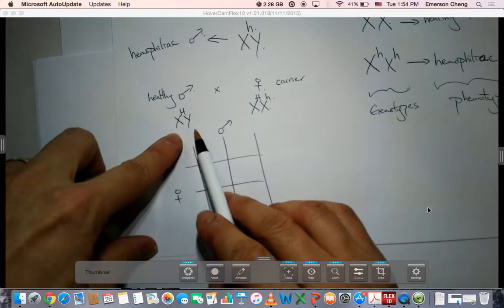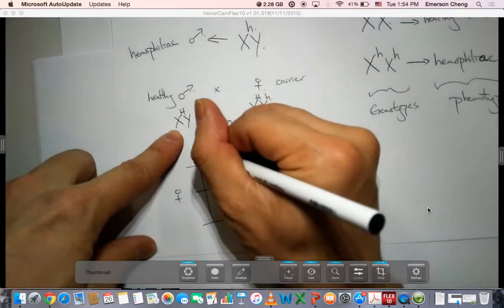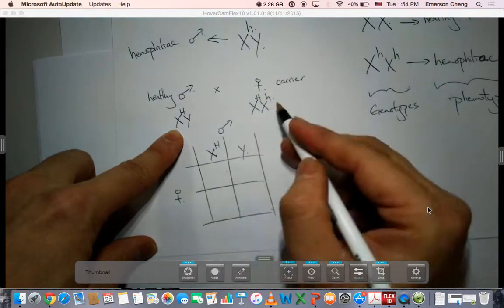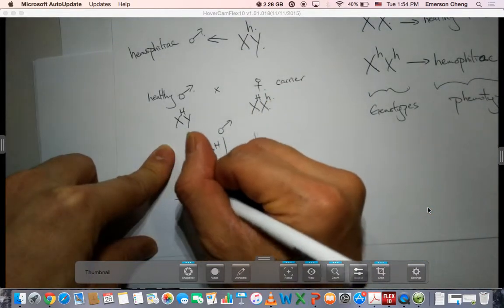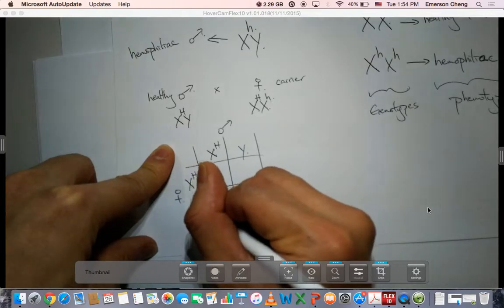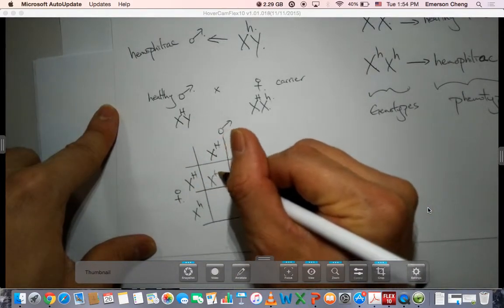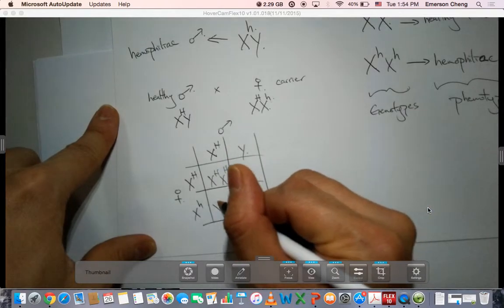The guys have an X and a Y, one column for each. Same thing for the girls, one X^H, one X^h.